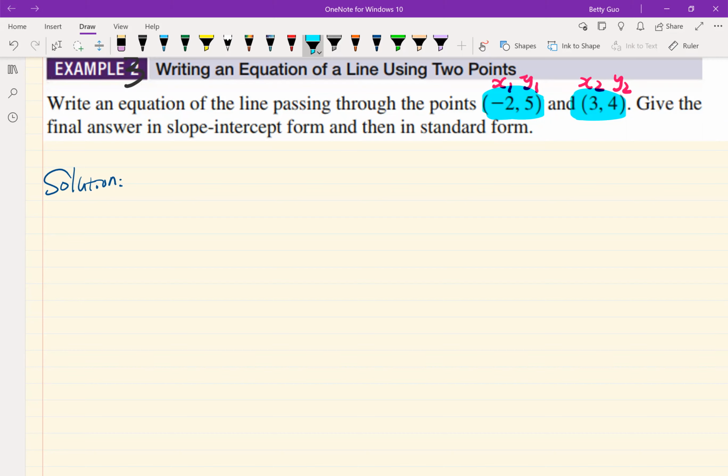Among 3 forms, 2 of them have slope in it, right? So slope is a very important property for a straight line. Are we able to find the slope for the line?